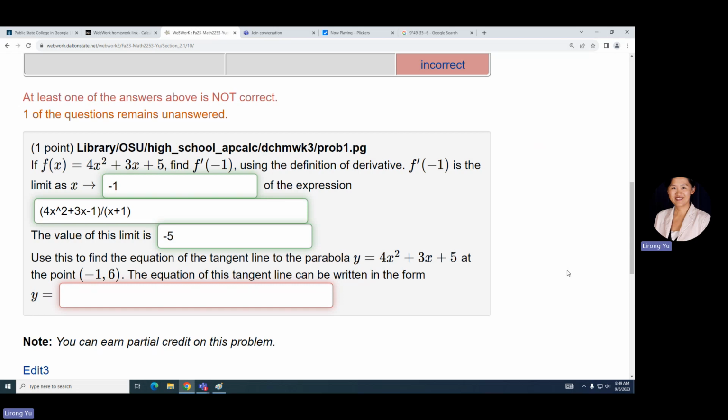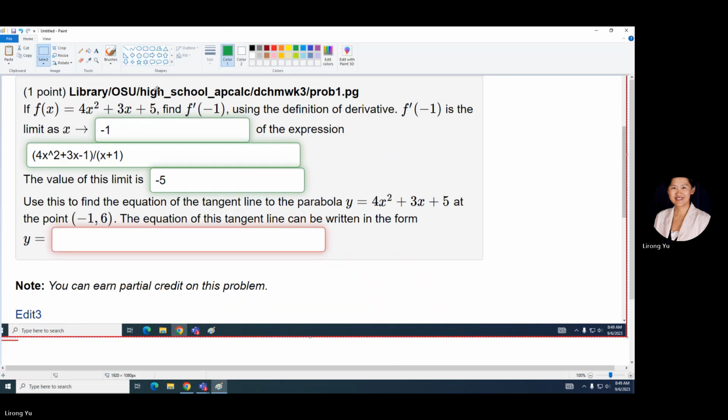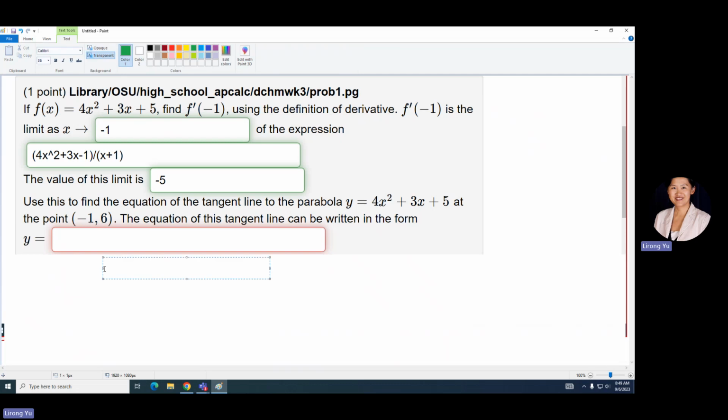That is calculating the equation of the tangent line. This we've been practicing. The equation of the tangent line has a format: y equals f prime of c multiplied by x minus c, plus f of c.